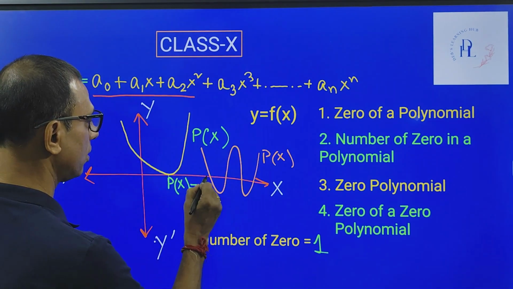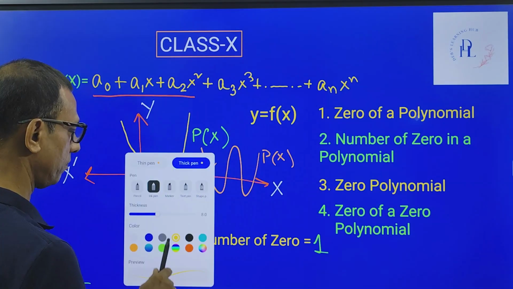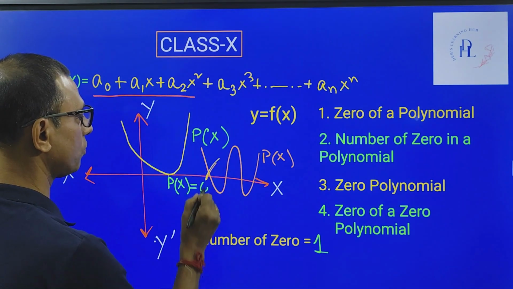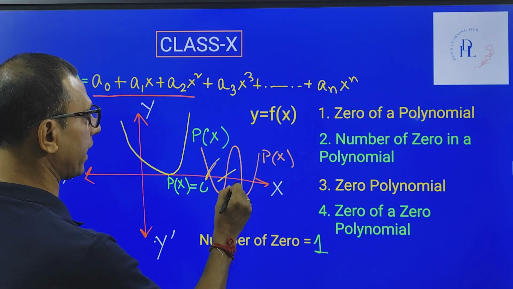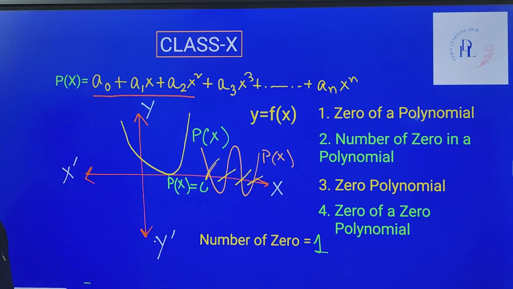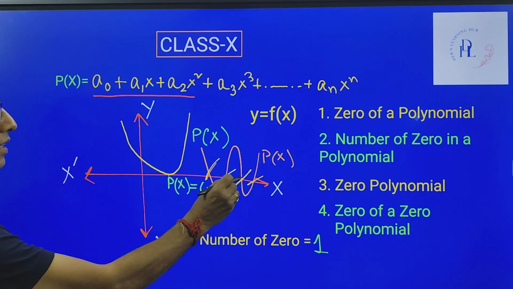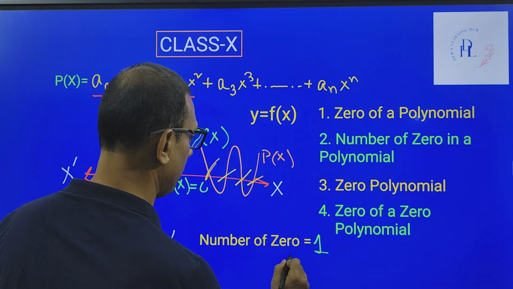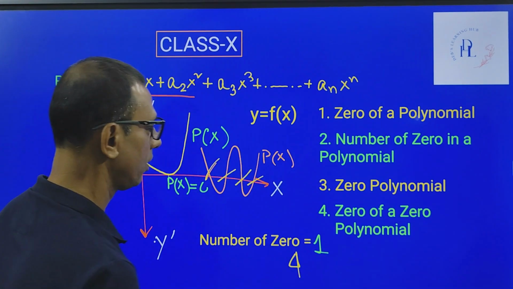What are those? This is the first one. This is the second one. This is the third one. This is the fourth one. So at these 4 points, the value of y is 0 where the graph is intersecting the x-axis. That means here the number of zeros will be 4.